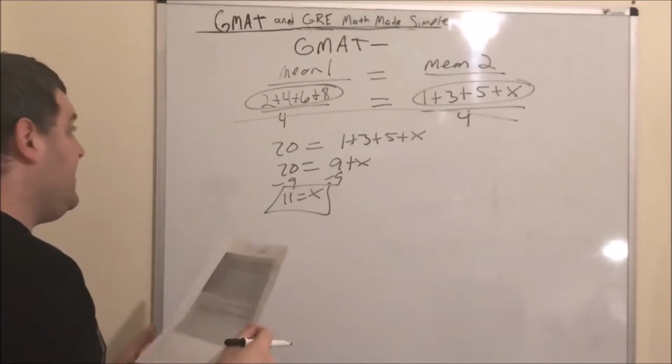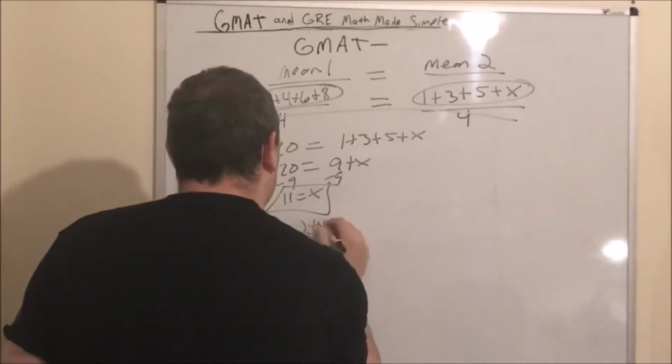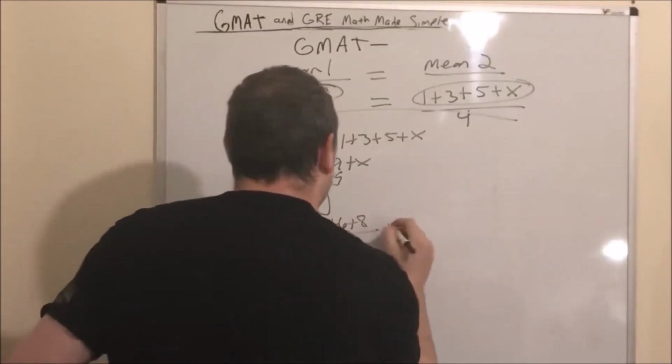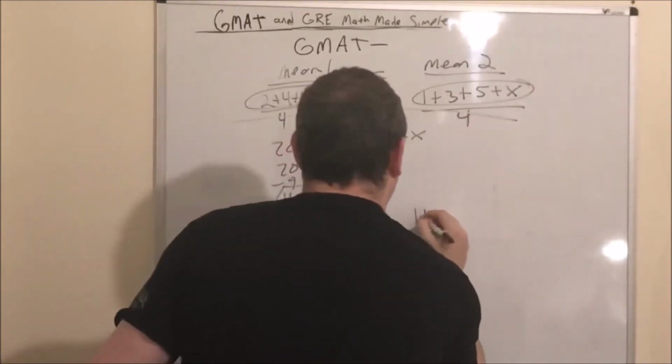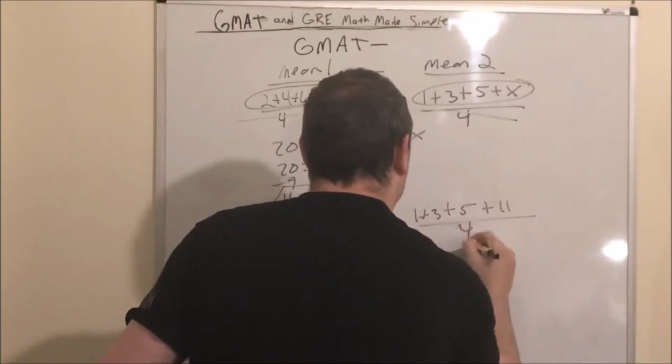If you wanted to check it out, we could go through and do it this way. We have the 2 plus 4 plus 6 plus 8 divided by 4 equals, let's put the 11 in here where x used to be. We have 1 plus 3 plus 5 plus 11 over 4.